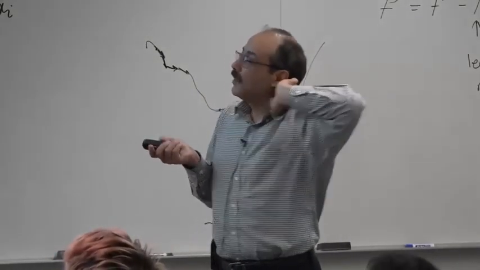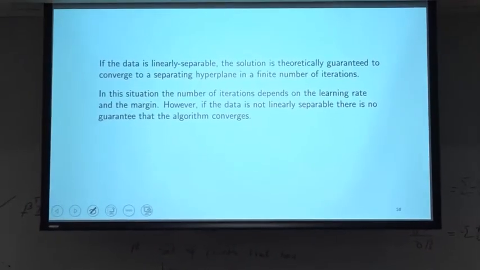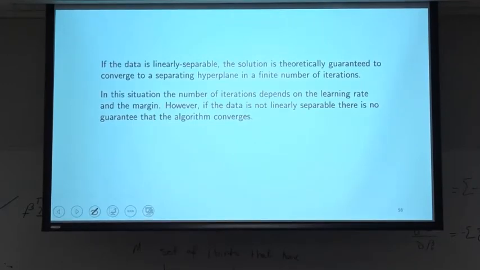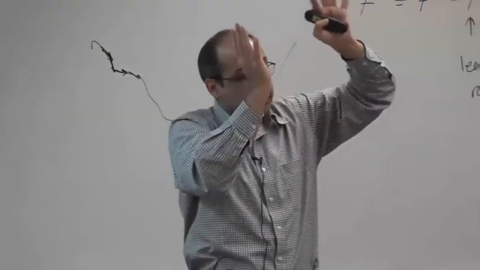There are some properties about perceptron. One is that if data is linearly separable, it's theoretically guaranteed that the algorithm will converge to a separating hyperplane. Sometimes data is not linearly separable, so there is no line. If there is a line, then it will converge. But the number of iterations you need to go through until it converges depends on the gap between two sets.